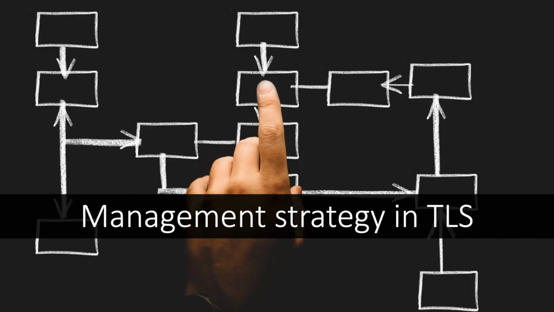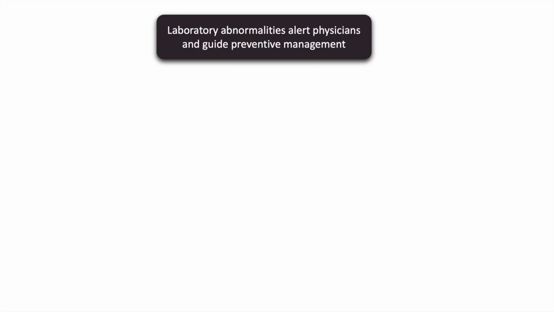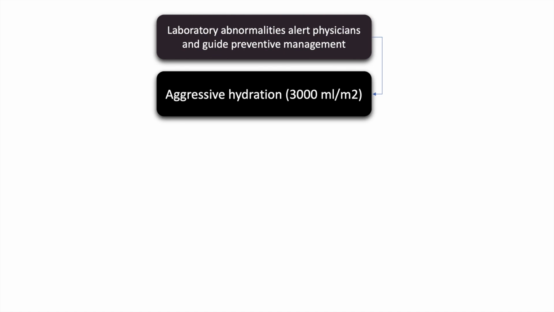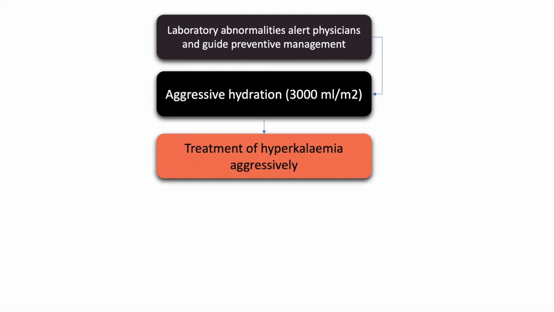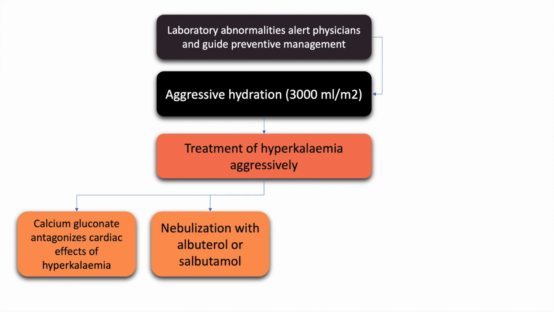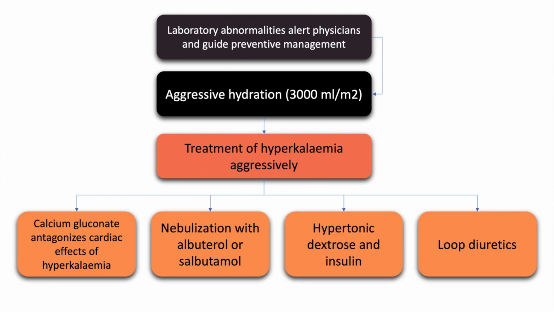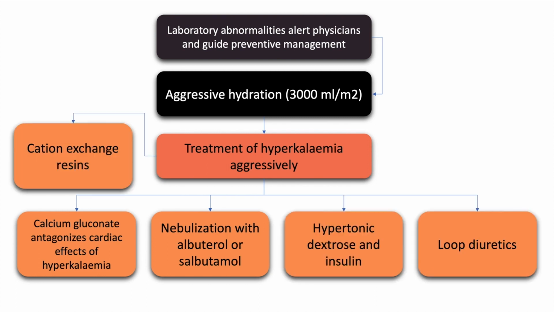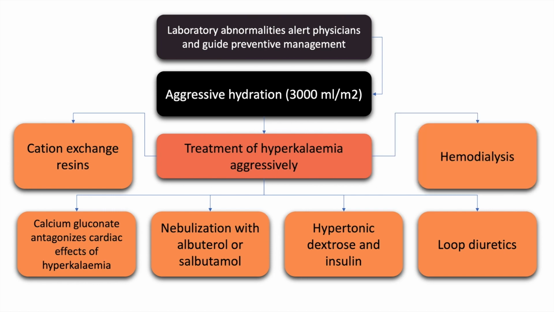The management strategy in tumor lysis syndrome includes monitoring of lab abnormalities, which alert physicians and guide preventive management. Aggressive hydration is the mainstay of therapy up to 3000 ml per meter square of body surface area. Aggressive treatment of hyperkalemia may be done with calcium gluconate, which antagonizes the cardiac effects of hyperkalemia, nebulization with albuterol or salbutamol, hypertonic dextrose and insulin, loop diuretics, cation exchange resins, and hemodialysis.